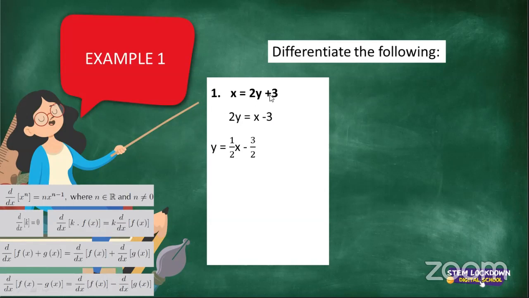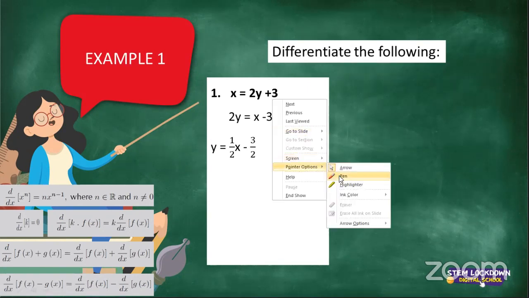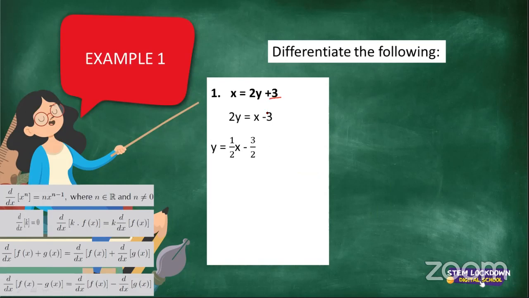Always remember, if a number goes over an equal sign, it changes sign. So you had a plus 3 here, now it's negative 3. And to remain with y, you're going to divide both sides by 2, so you divide throughout by 2. Hence, you have this term.